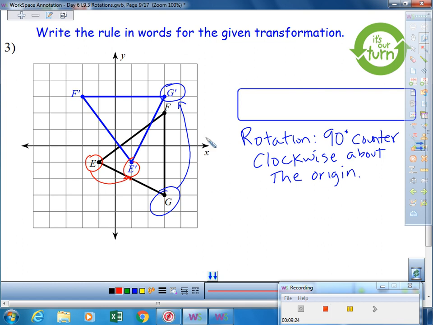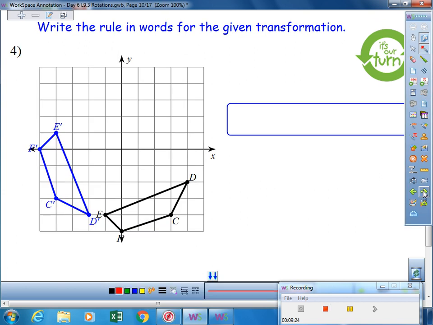So you can say 270 clockwise. No, you can have either answer. But just don't pick one on an axis line. Like you would never pick N or whatever, F or whatever this letter is. I think it's S.